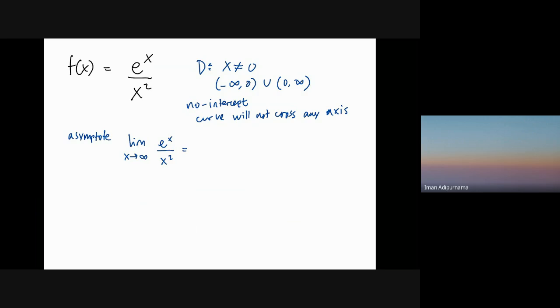If you check when this is 0, it is not possible because e to the x is always positive, right? If x is 0, it's also not possible, because x does not have any 0 here because of the domain. So if you draw it, the curve will not cross the y or x axis.